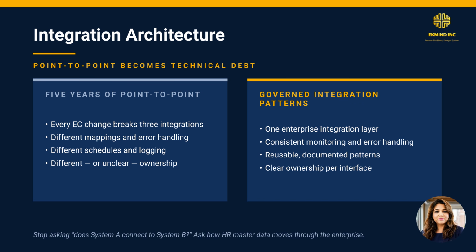Every Employee Central change breaks three integrations. Every integration has different mappings, different error handling, different schedules, different ownership, different logging. That's not automation, that's technical debt. A stronger architecture asks whether integrations can follow governed patterns through services such as an enterprise integration layer. Instead of thinking system A connects to system B, think how does HR master data move through the enterprise? That mindset change is important.